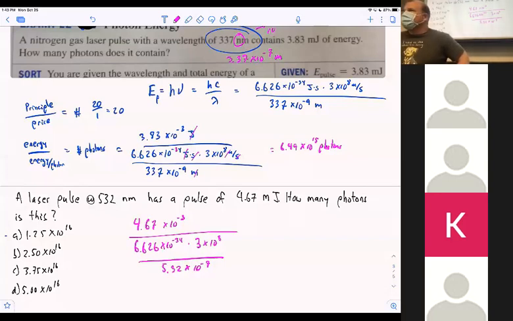Is anyone stuck and have no idea what the heck to do? Just putting it in the calculator now. It's really gluggy.